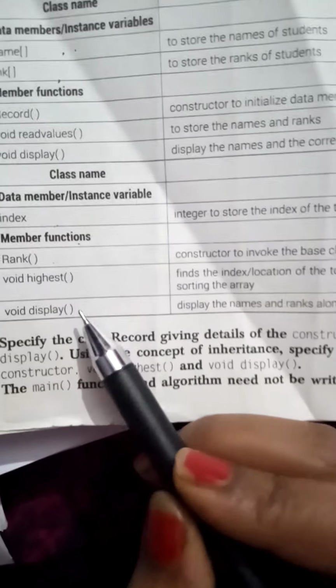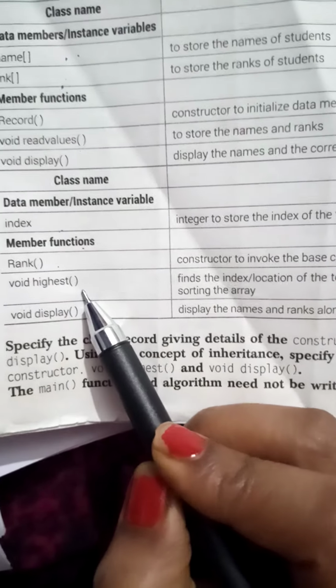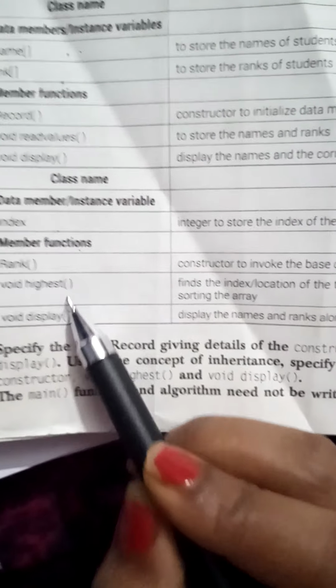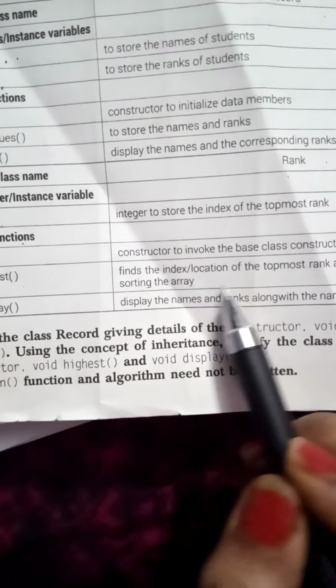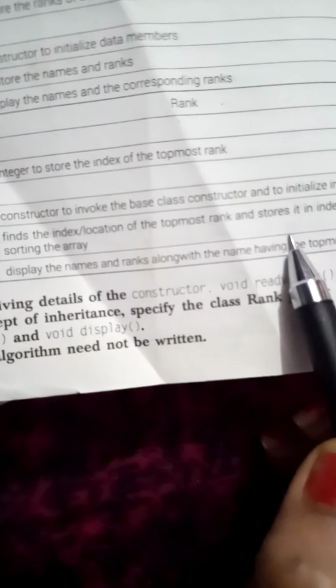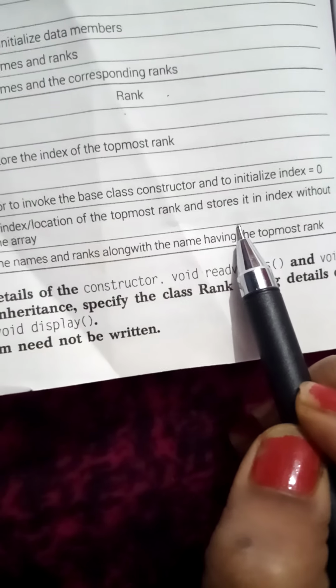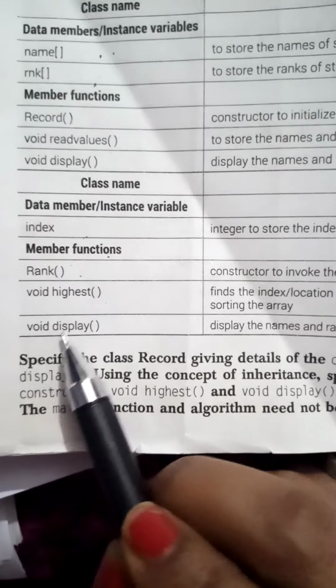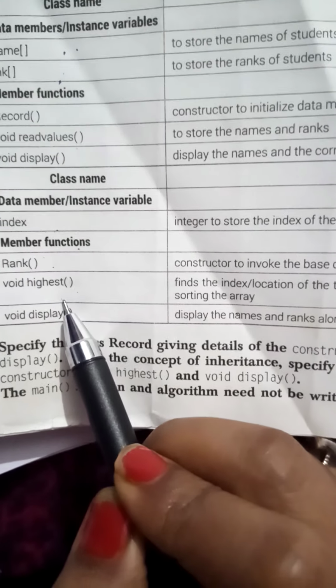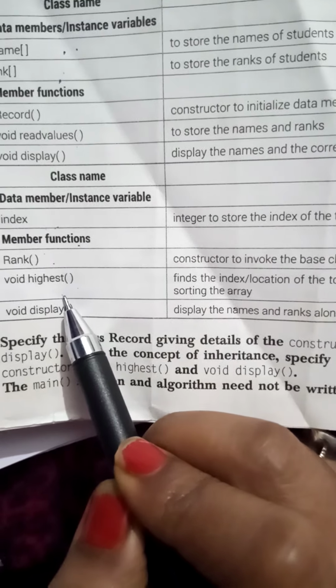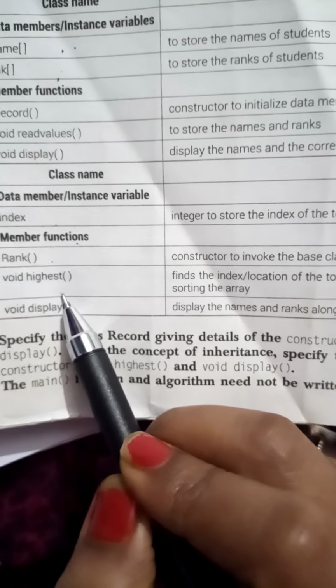That's it. Now the functions are highest and display. Highest finds the index or location of the topmost rank and stores it in index without sorting the array. Through this function highest, you will be finding the topmost rank.